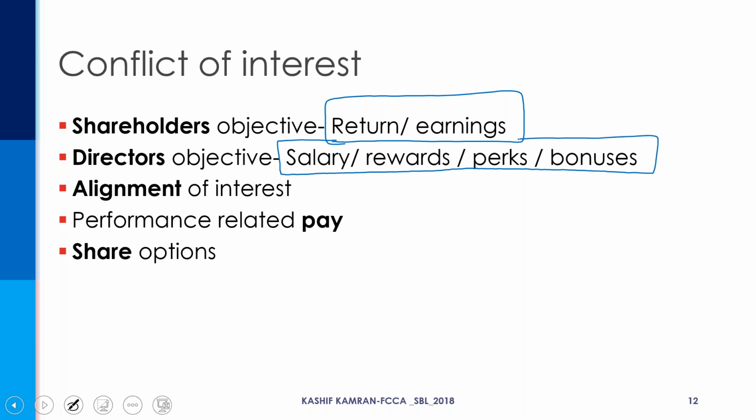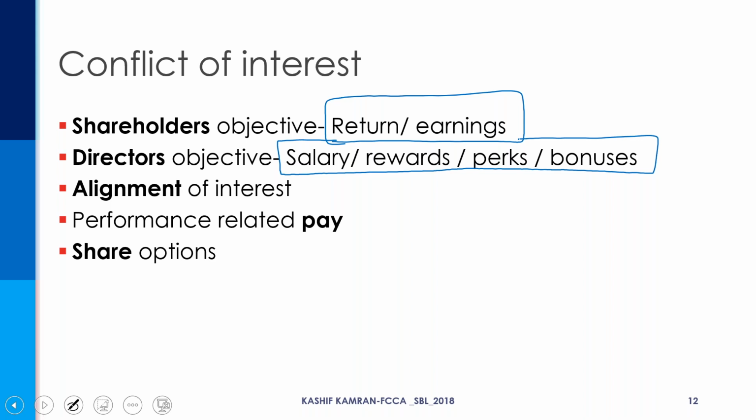That is the self-interest of a director. The shareholder's interest is in the return because he's the owner and has invested in the company. So ultimately he needs a return on his investment. That means both of them have a conflicting interest.